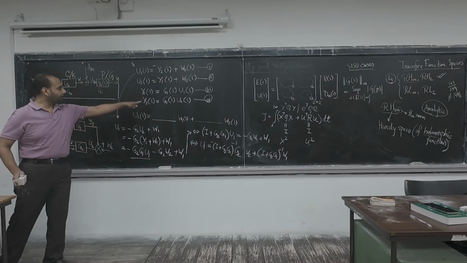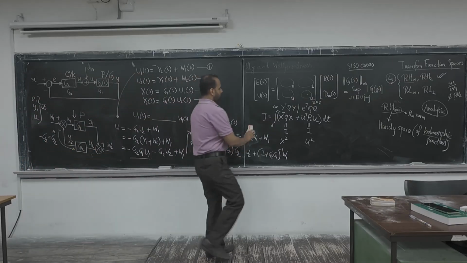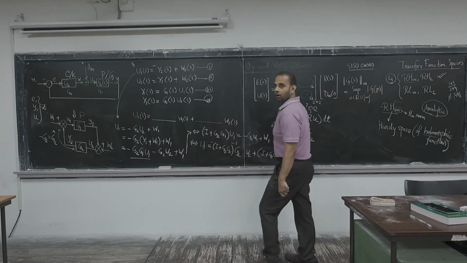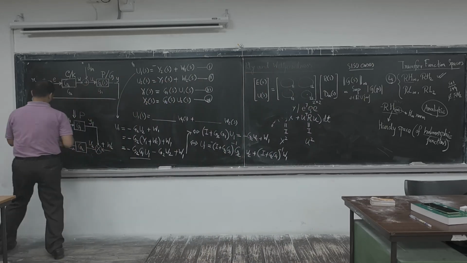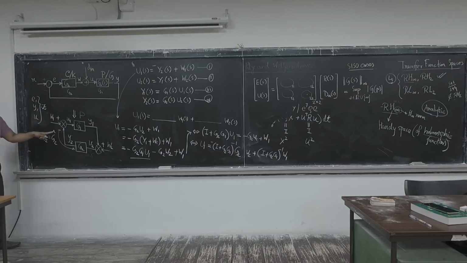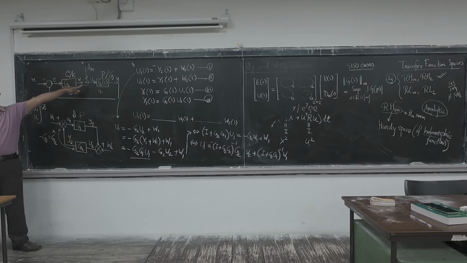Now similarly, can you find the expression for U2? Sir, in that summation, is Y1 added or subtracted? Subtracted, in the middle one. Which one? Here? This is plus. So Y1 is added, according to this one only.